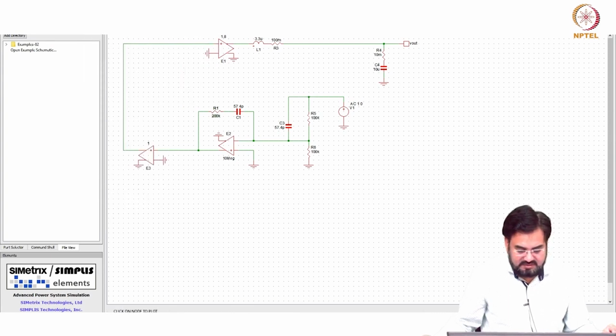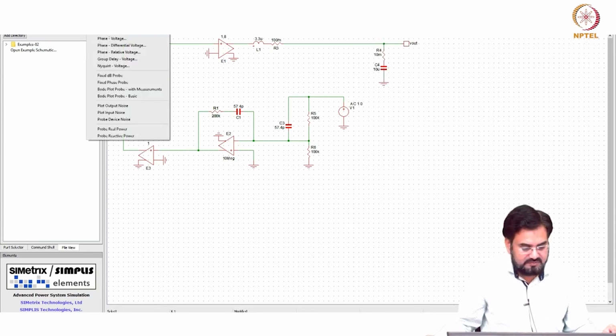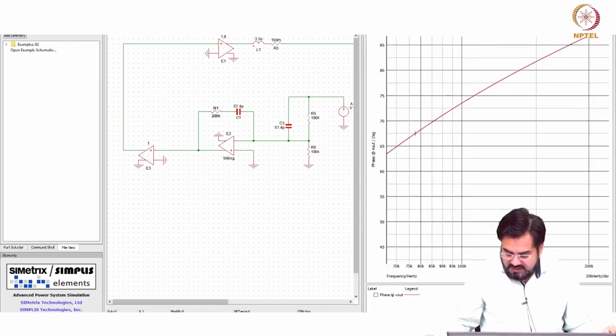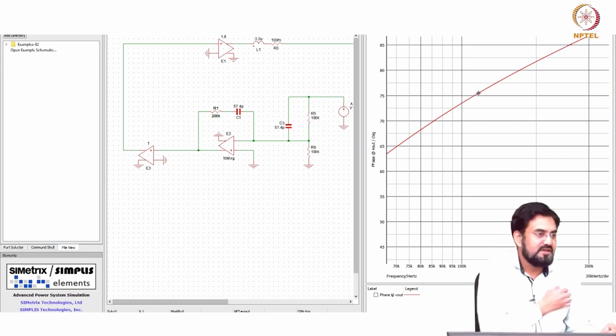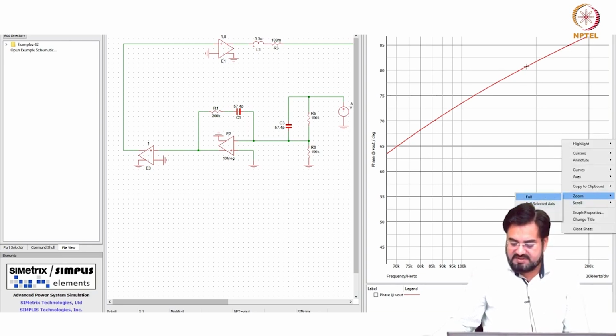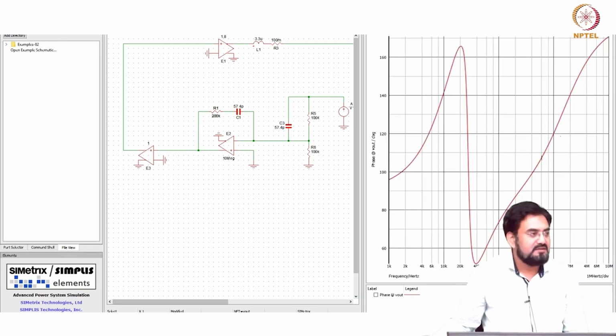Phase at 110K, 75 degrees you are getting, and it will keep going because we do not have any pole. Okay. So your phase will keep going, and where will it go? Maximum phase shift 90.